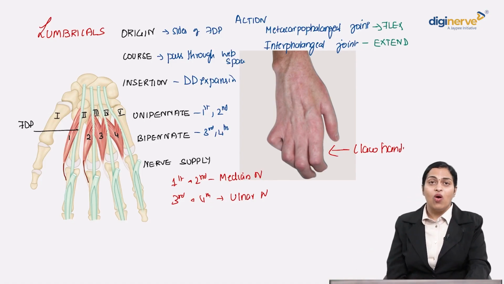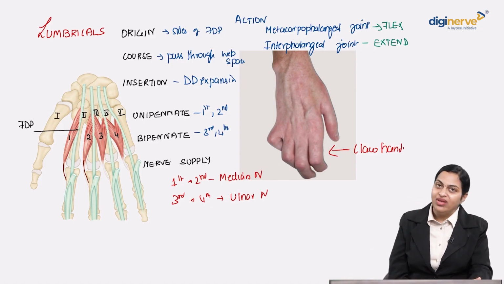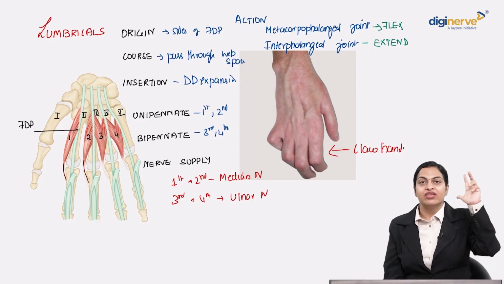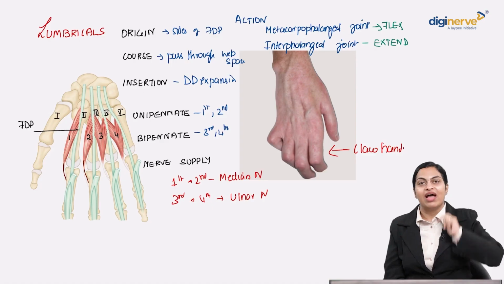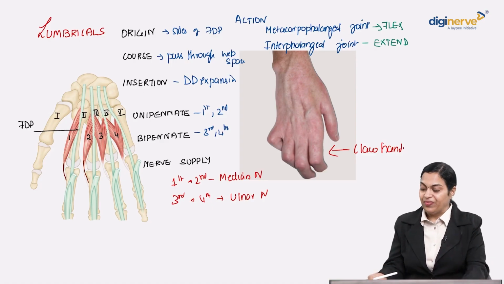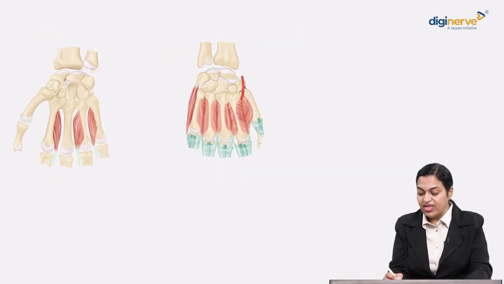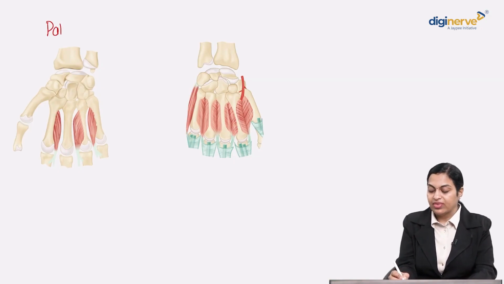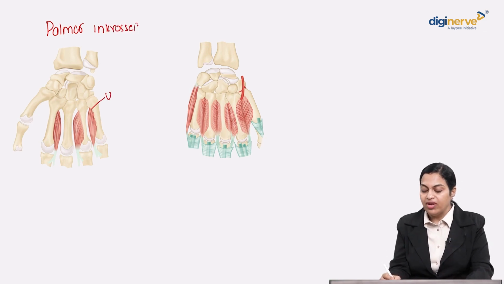So claw hand can happen in both median nerve injury and ulnar nerve injury. In ulnar nerve injury, there will be clawing of the little finger and the ring finger. So this is the palmar interossei. As you see here, the palmar interossei are unipinnate muscles.